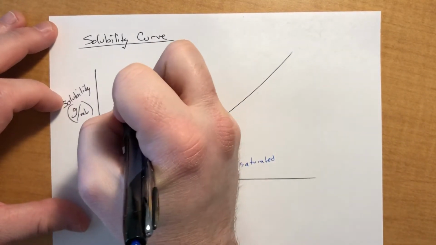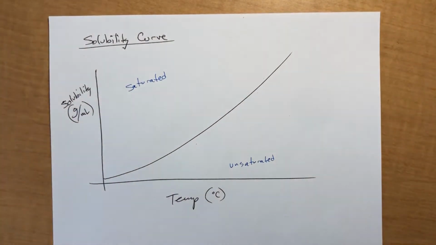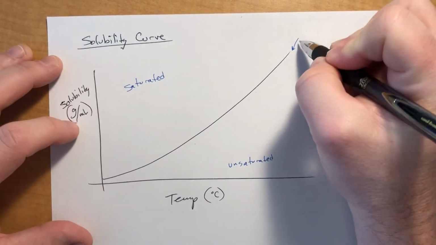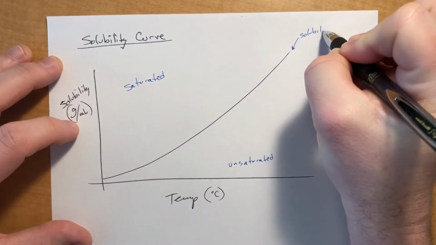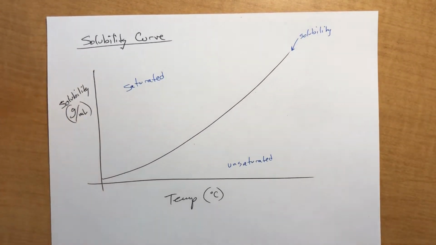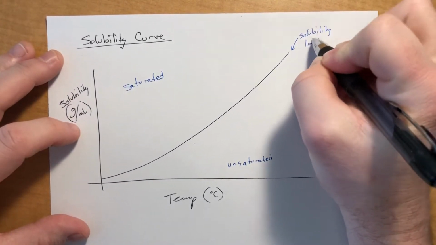And anything above this is saturated, which is why our definitions of saturated and unsaturated were above and below the solubility limit. This line is the solubility limit. It is, for any given temperature, how much you can dissolve before you start ending up with solids just floating at the bottom.